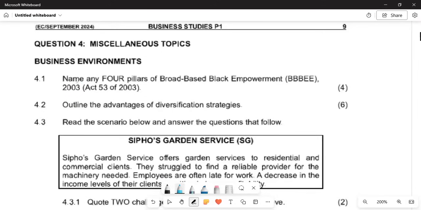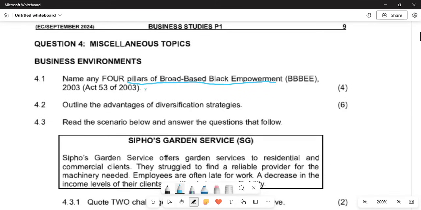Question 4, 4.1. Name any four pillars of the broad-based black economic empowerment, BBBEE, Act 53 of 2003.